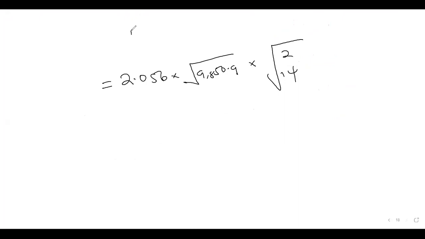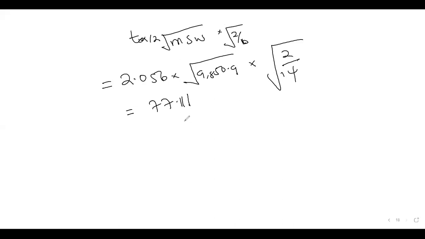So that's all that we are doing. If you multiply everything, you get 77.11.